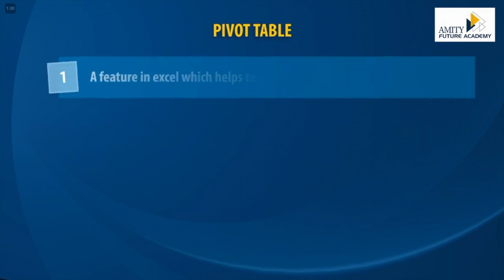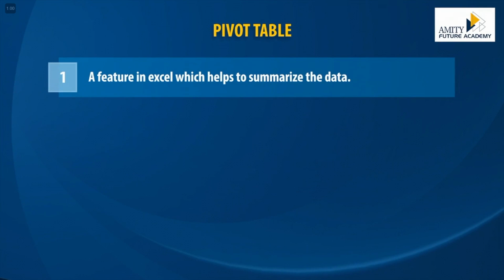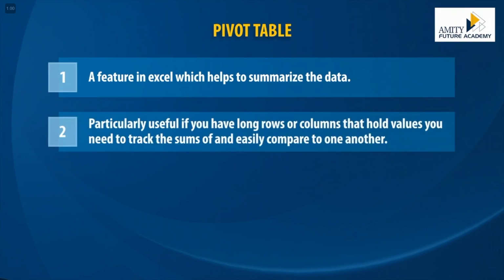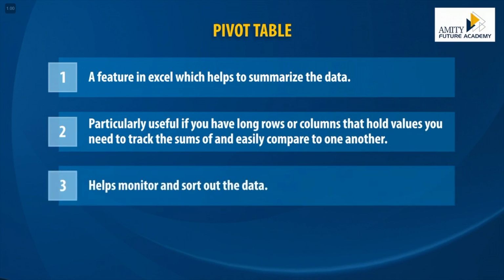Pivot table is a feature in Excel which helps us to summarize the data. It helps us to change the extensive entries of rows and columns into a meaningful presentation. Pivot table enables us to monitor or present the data by ignoring some unwanted fields as well as calculating or operating the required fields.